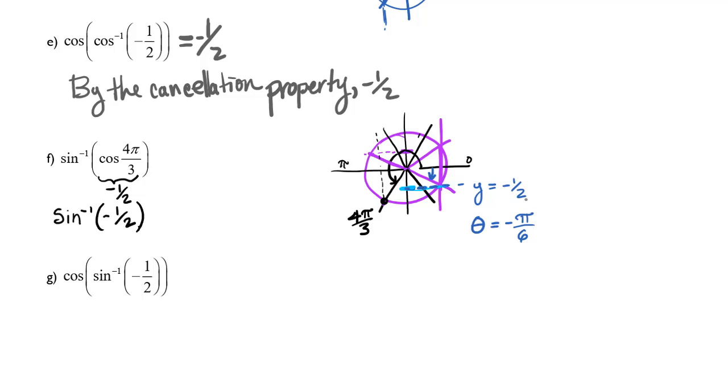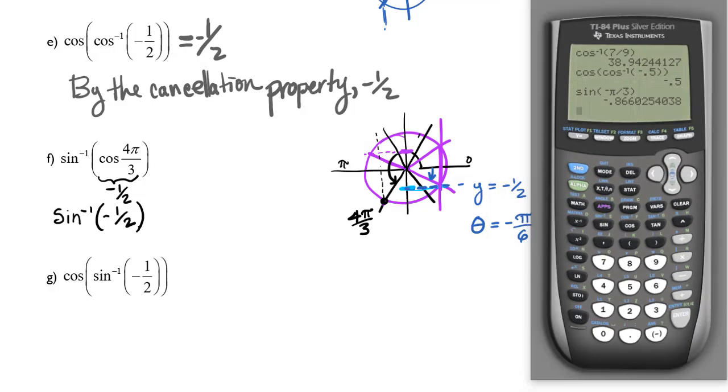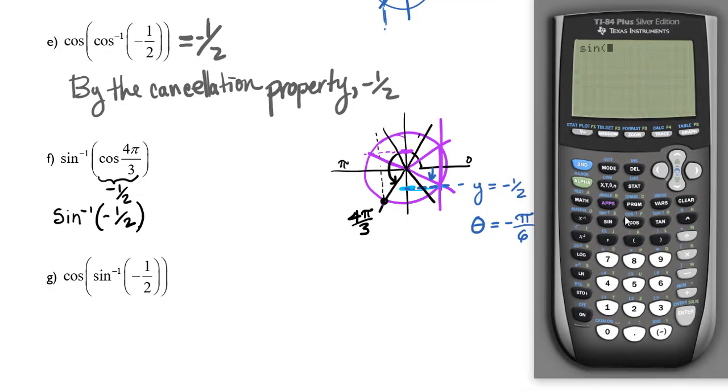That should give me an output, or a length in the y direction, of negative 1/2. I can check this on my calculator by doing sine of negative pi divided by 6, making sure you're in radians. And I get negative 1/2.